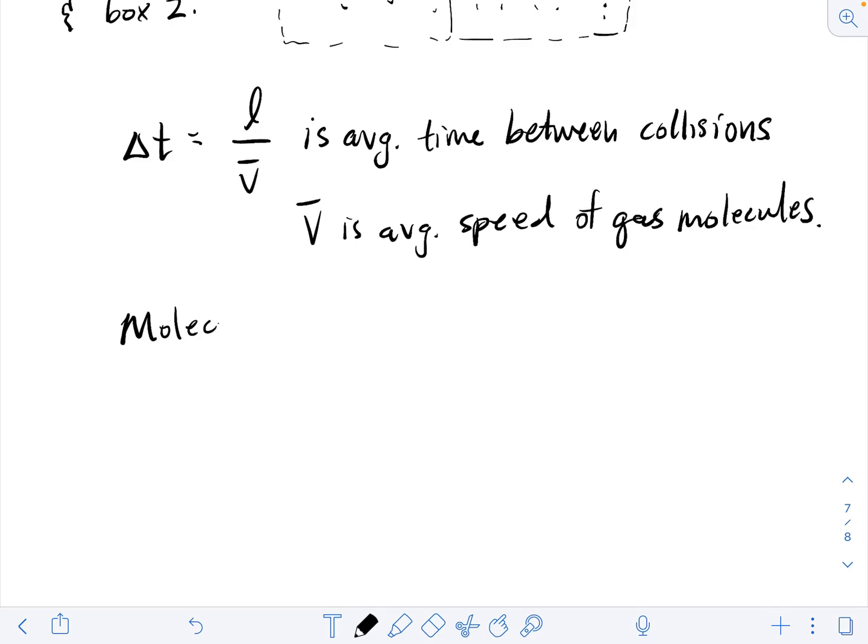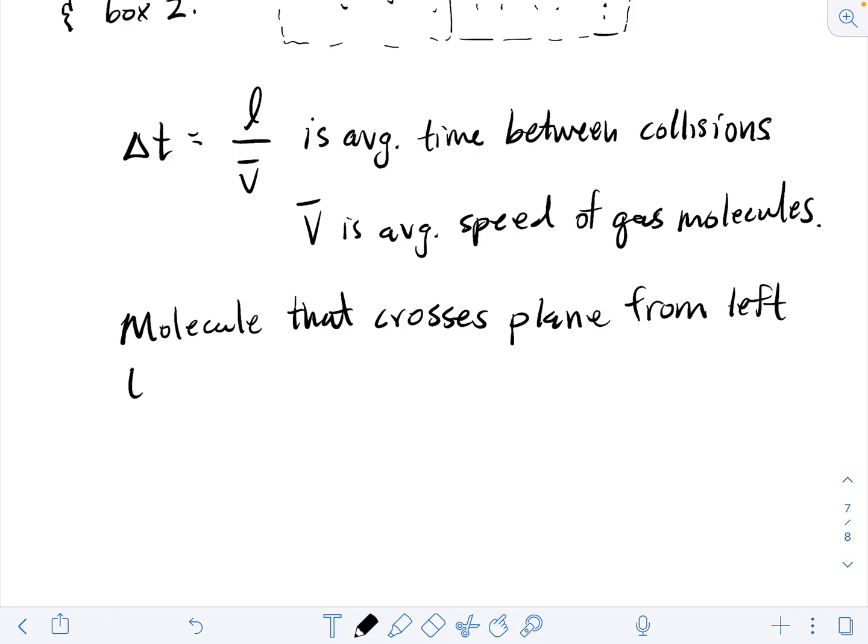So let's consider a gas molecule that crosses the plane from left to right, so from box 1 into box 2.